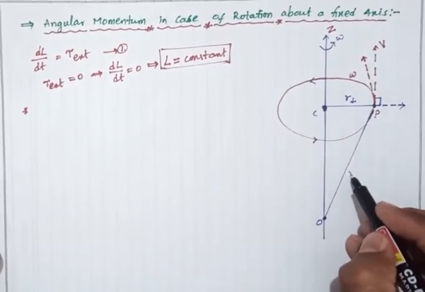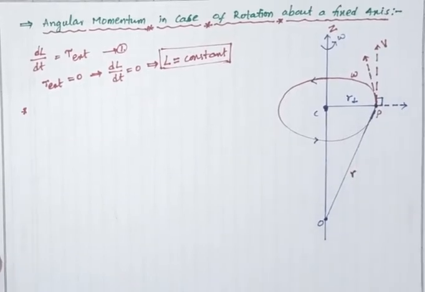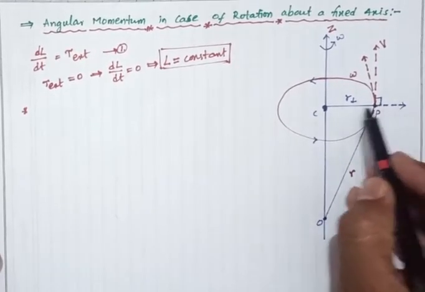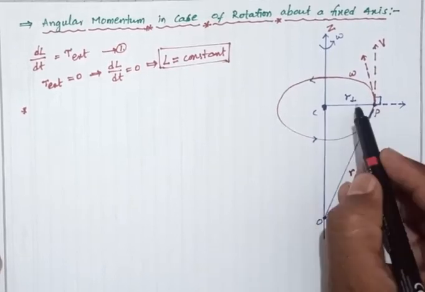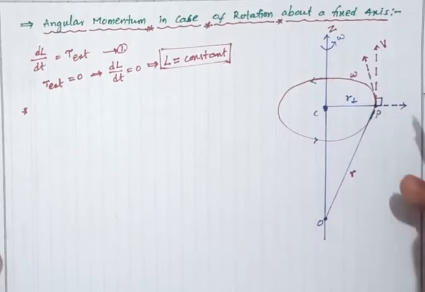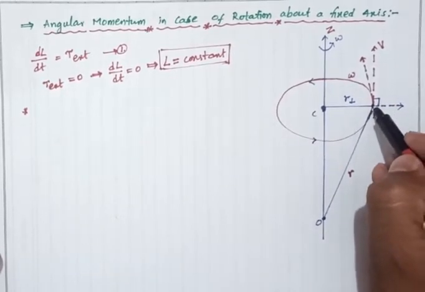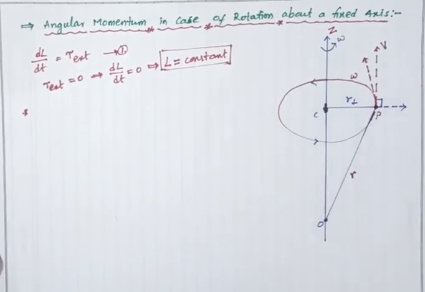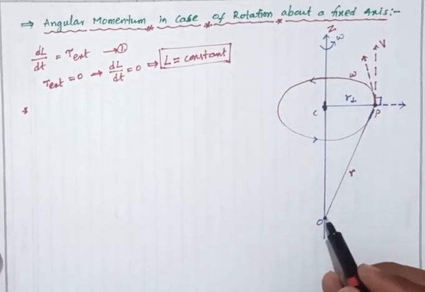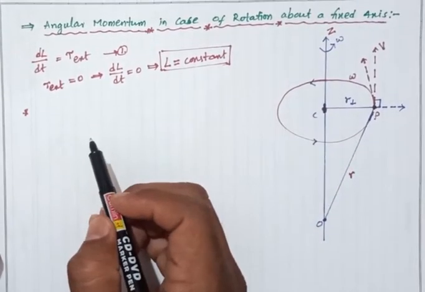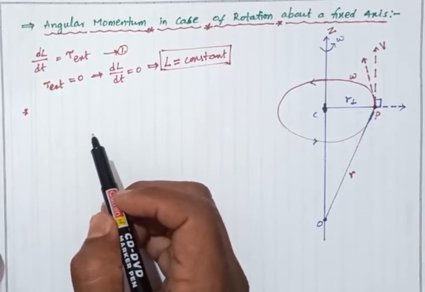Here r is the position vector. This is the perpendicular distance from point P to point C. Now we will consider the general expression for the total angular momentum.